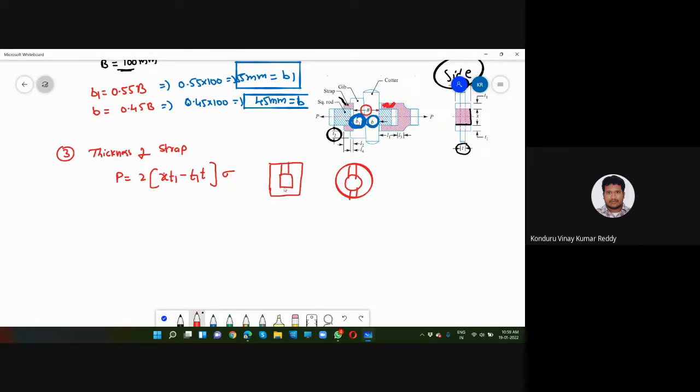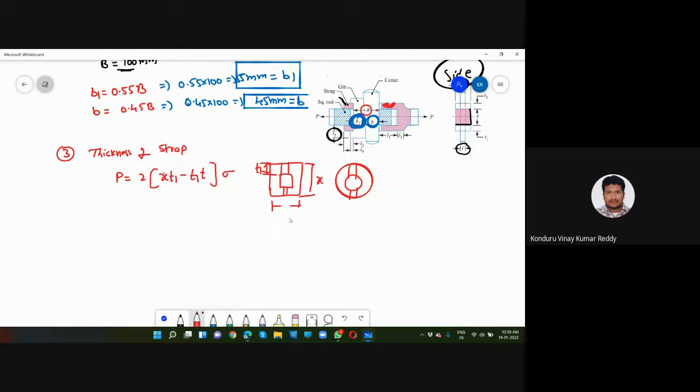Similarly, now by using this formula, I have to formulate that. This is nothing but X, and this is nothing but T1. Sorry, this is nothing but T1. This is nothing but T.